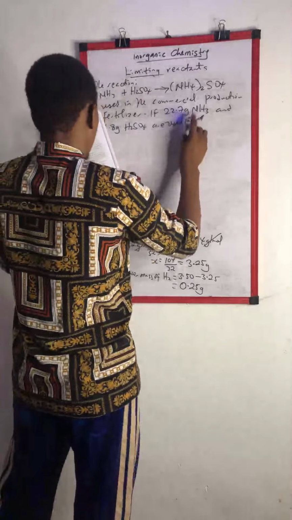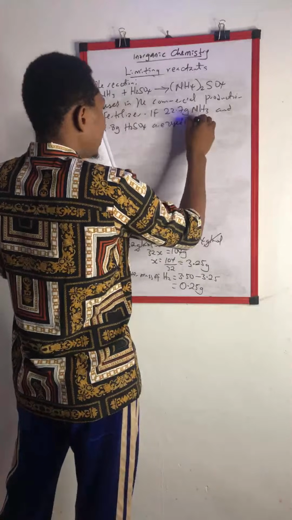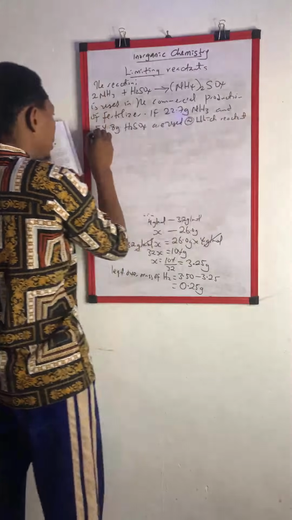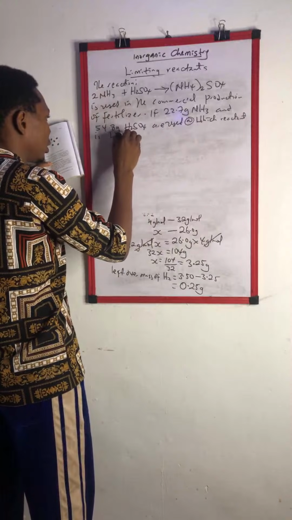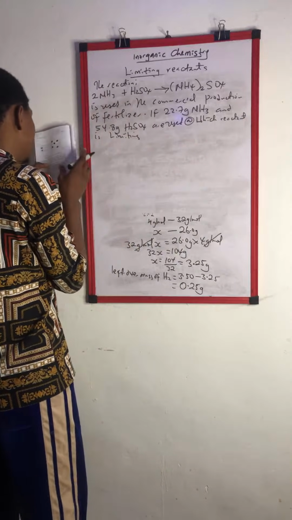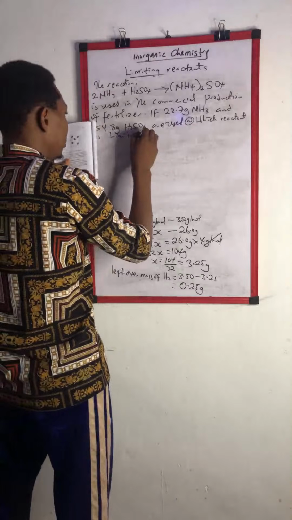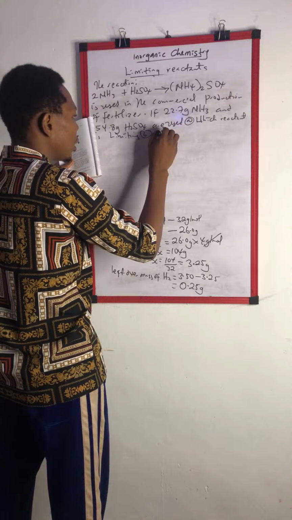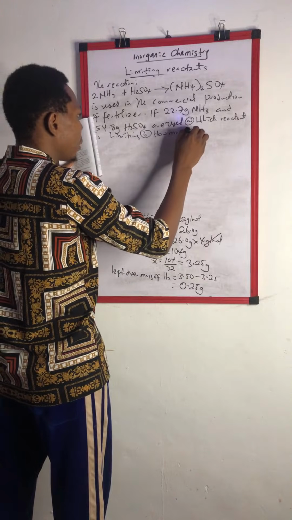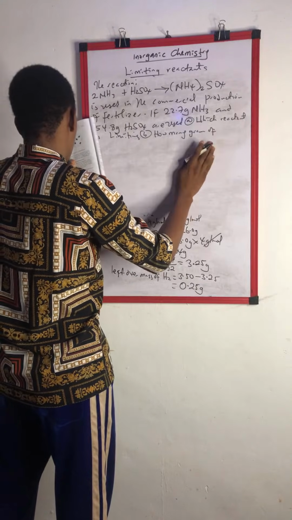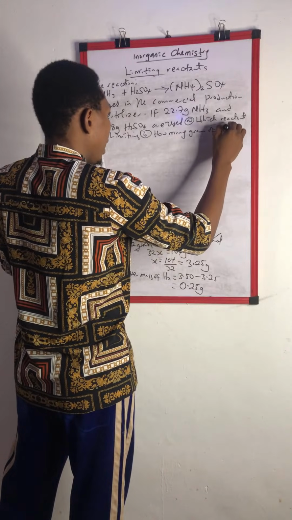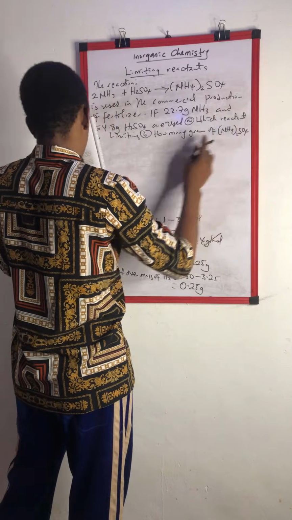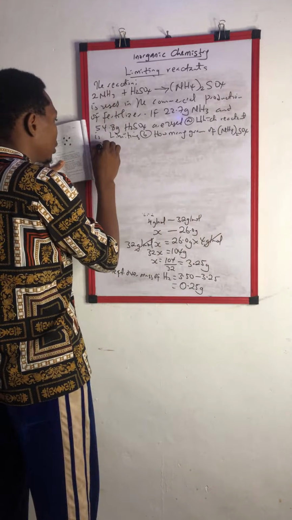A. Which reactant is limiting? B. How many grams of (NH4)2SO4 can be formed?